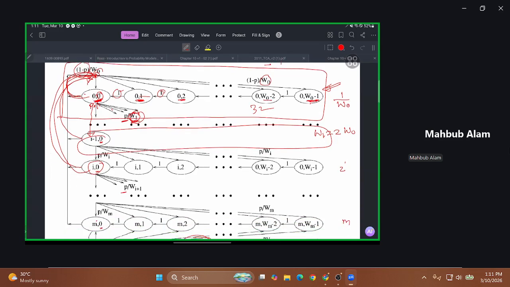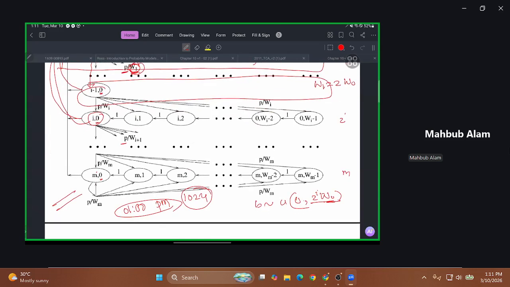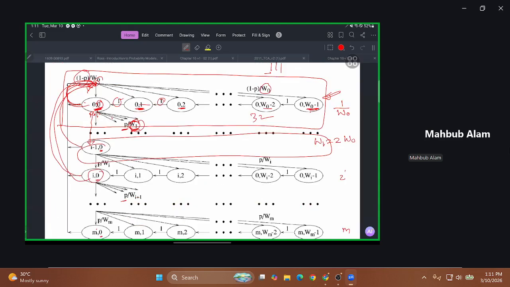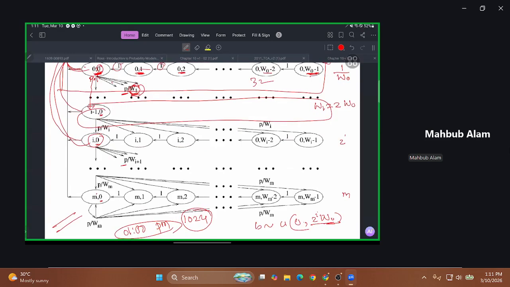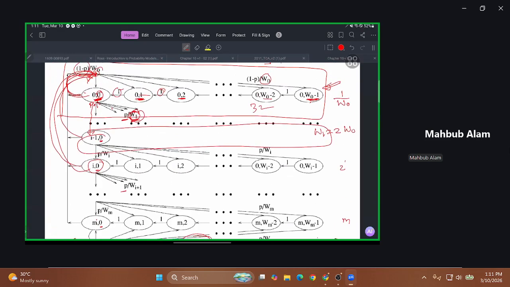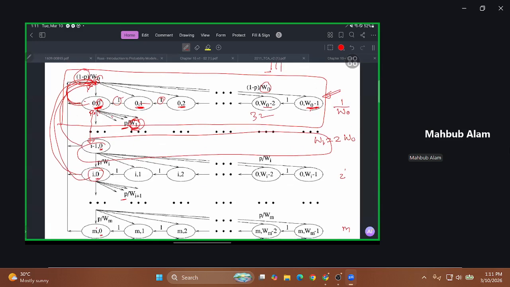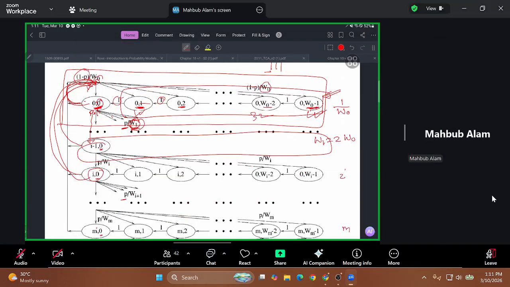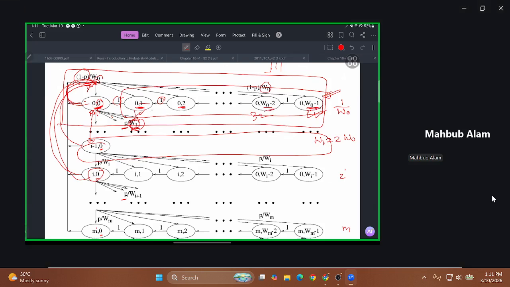Now the question is, if we want to solve this system of linear equations associated with the Markov chain, we need to consider thousands of states, and the transition probabilities for thousands of states need to be specified. So here the interesting thing is that for all the states starting from here to here, the backup counter value is always decreased by 1, 2 to 1, 1 to 0, just after one slot, as we define it.